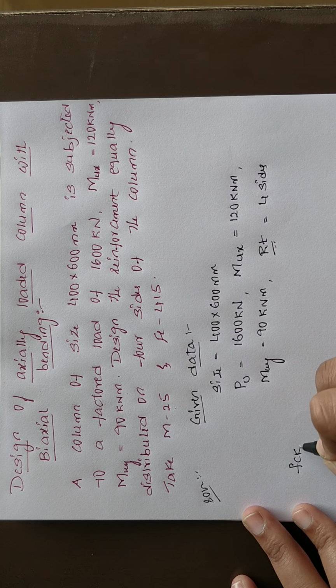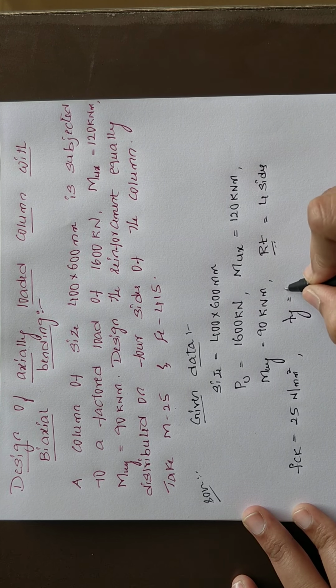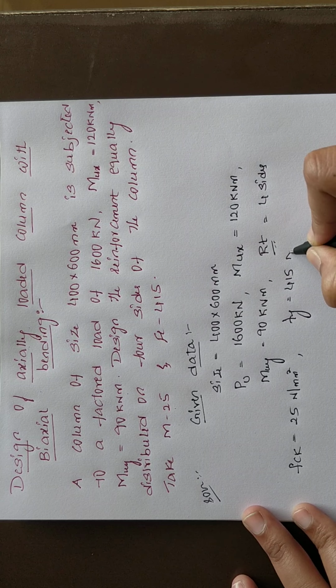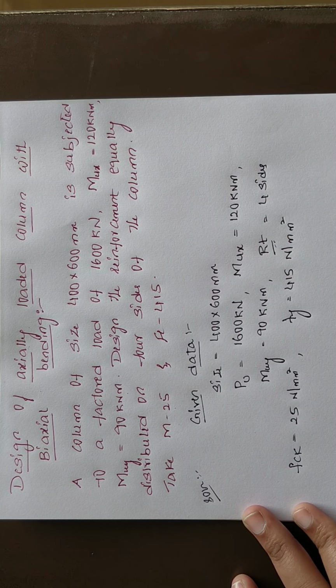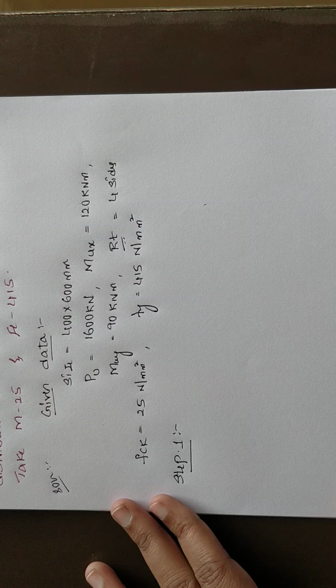FCK value is 25 Newton per mm square and Fy 415 Newton per mm square. Okay, these are all the given data.